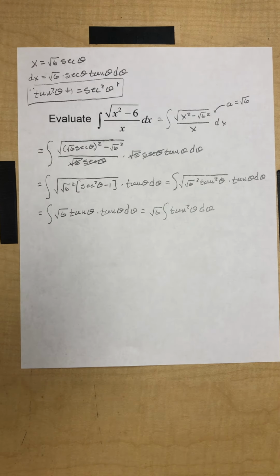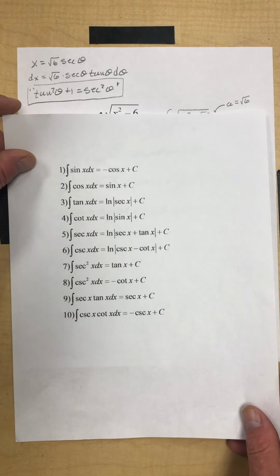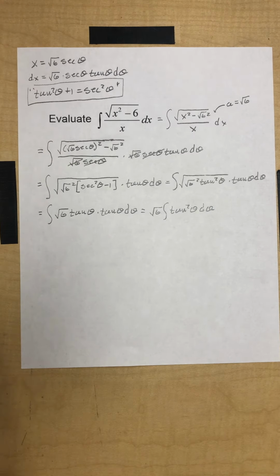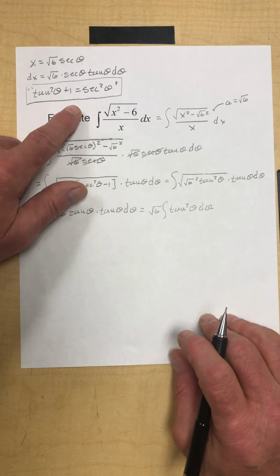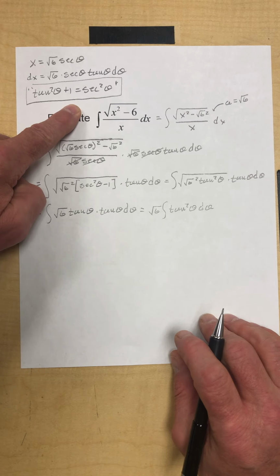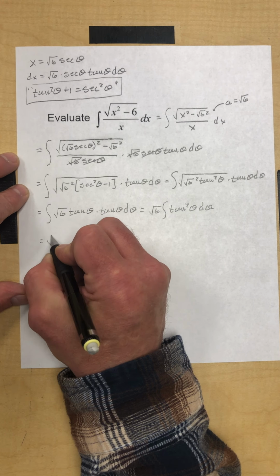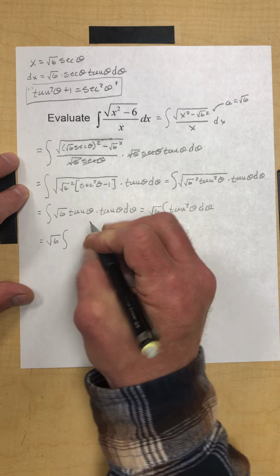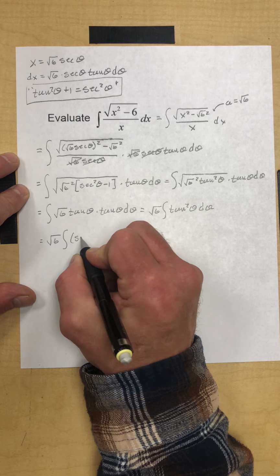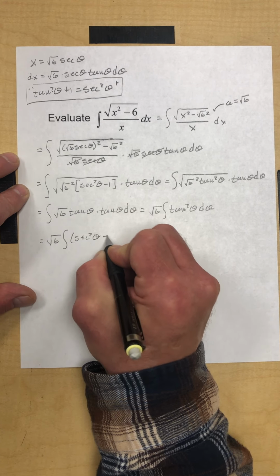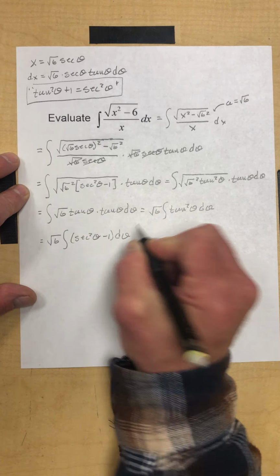Once again, I don't have anything for tangent squared, but I can make this substitution from our Pythagorean identity, and tangent squared would be secant squared minus 1. So I get radical 6 times the integral of secant squared theta minus 1 d theta.